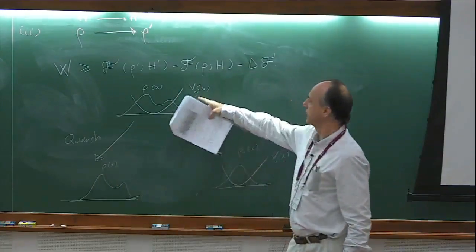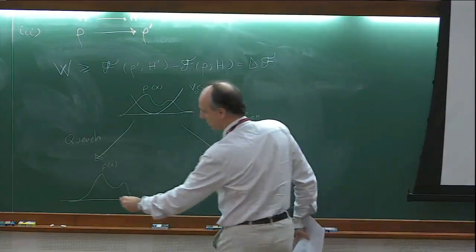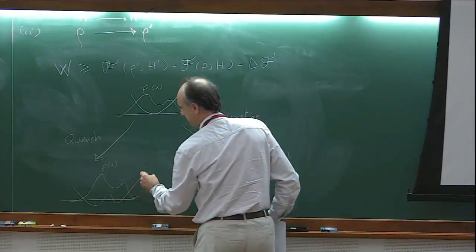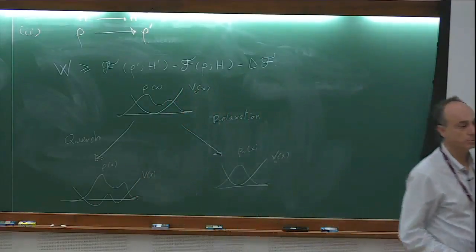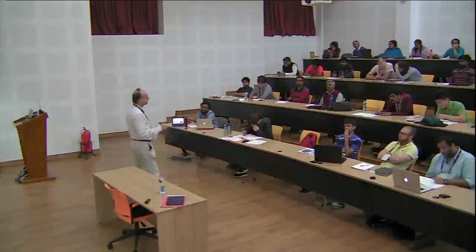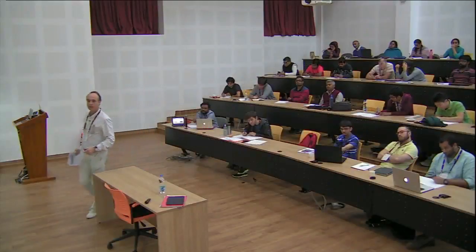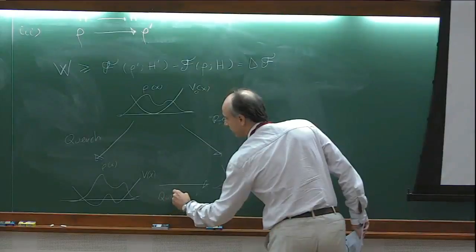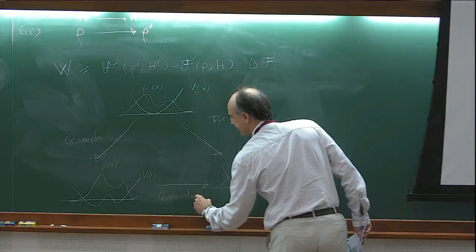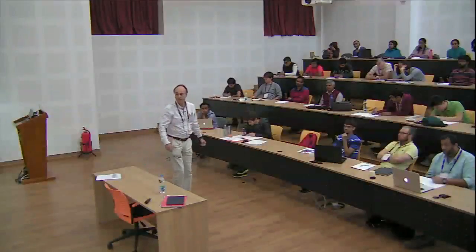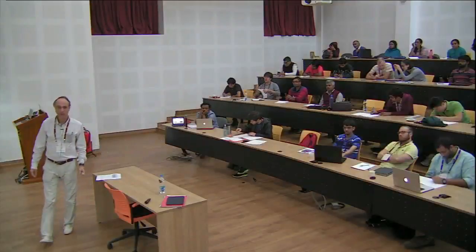But now you change the potential in such a way that the system is in equilibrium, and then from here you move that to there quasi-statically. You can do this process, and when you do that, you can calculate the work. Actually, it's not hard to calculate the work.